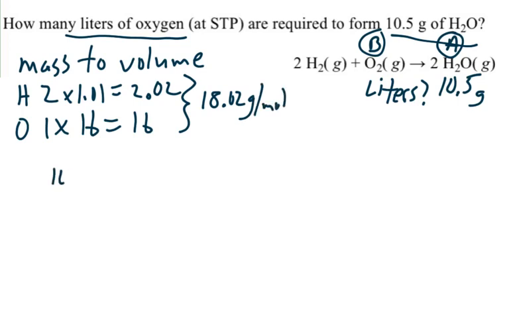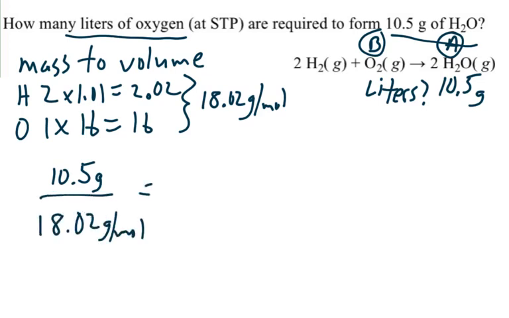So the first step is to get the grams of the given divided by the molar mass of the given. The given is water. And when we do that, we're going to change this to moles of A. That ends up being 0.58266. There's more numbers, I think that's plenty.